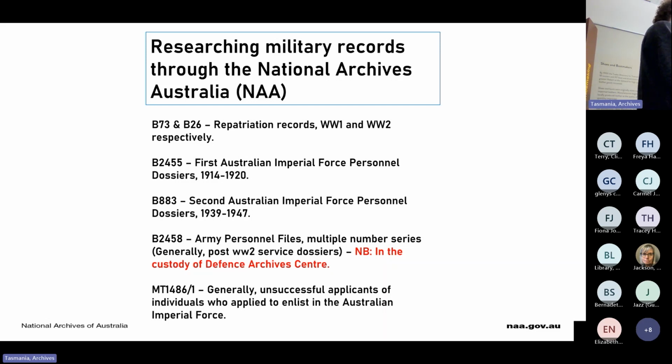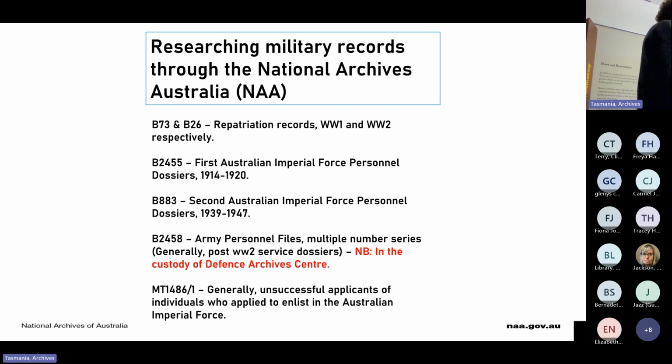However, it's important to note that Series B5245A, second from the bottom, are the post-1947 World War II dossiers. They also include action from Vietnam, Korea and Malaya, and they do have to be requested through the Defence Archives Centre.